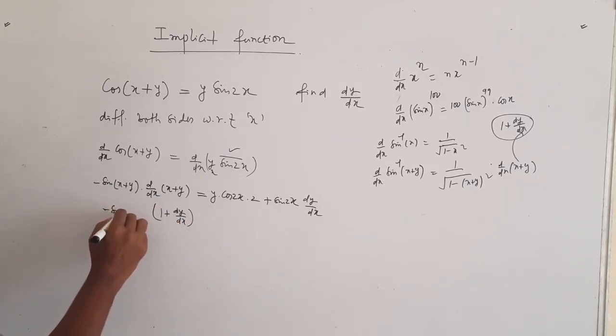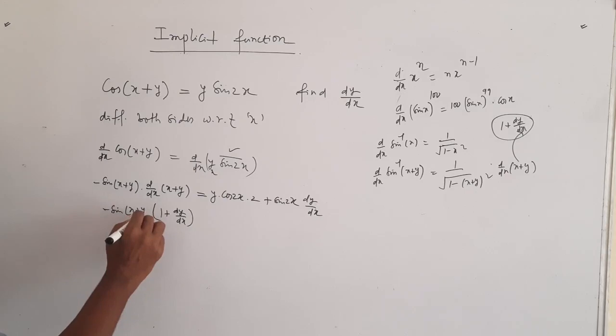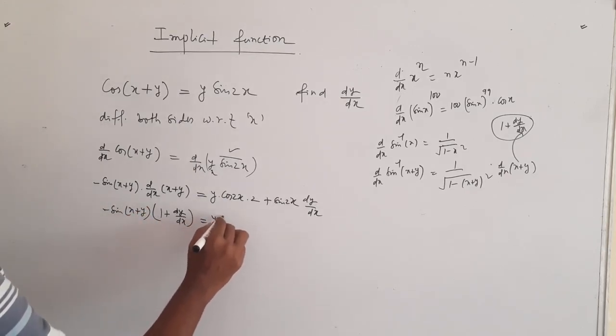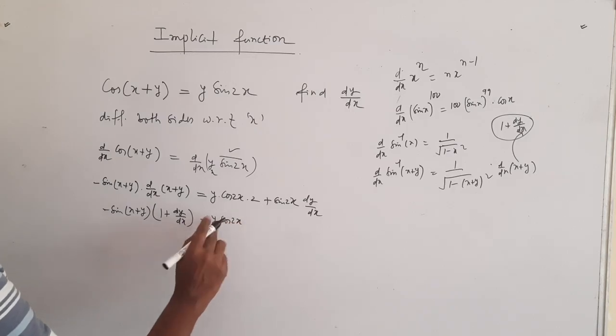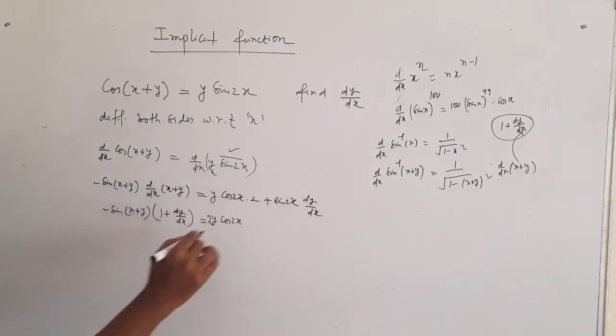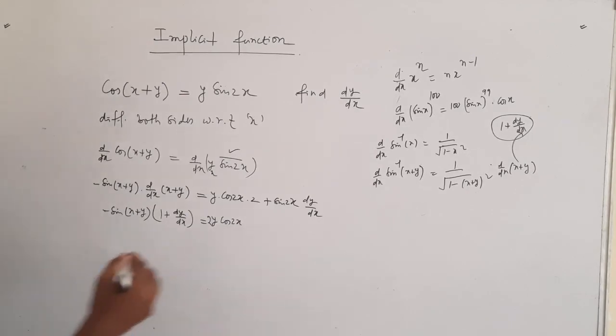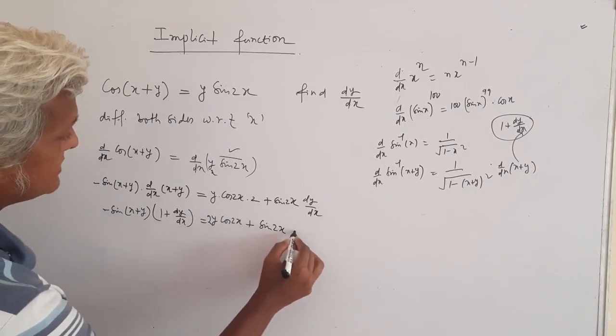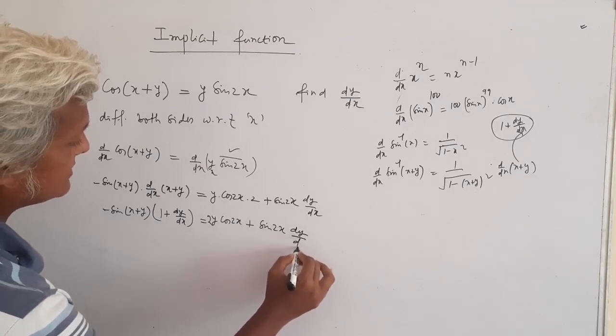This is minus sin(x + y), and on the right this is y cos 2x times 2, which is 2y cos 2x, and then this one will remain sin 2x dy by dx.